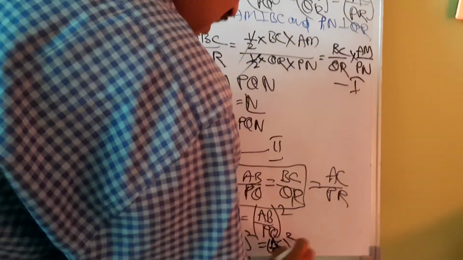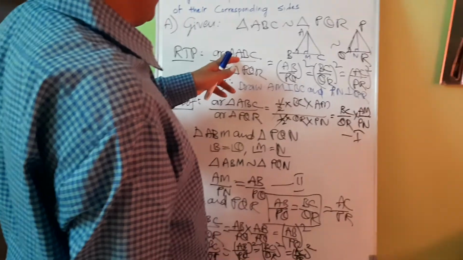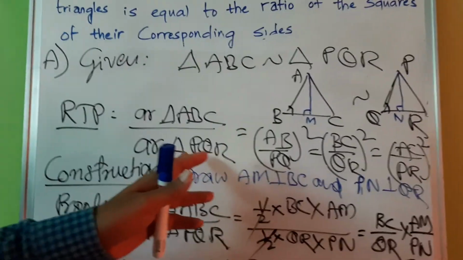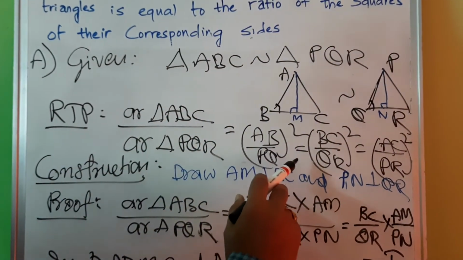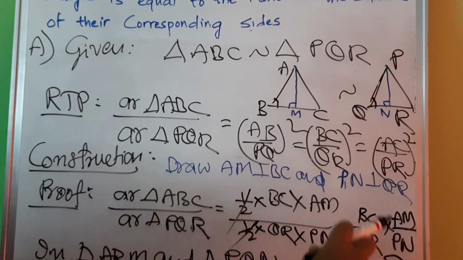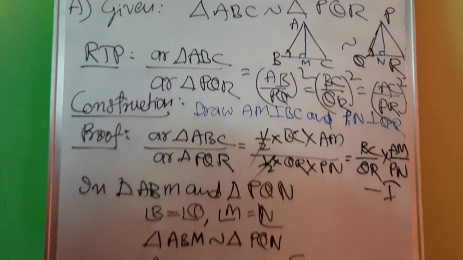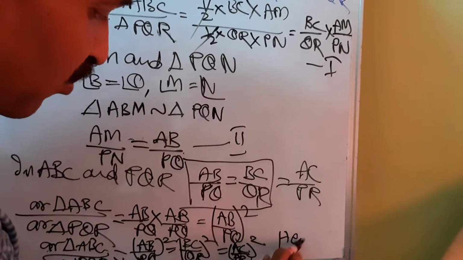So hence proved. What is RTP? Area of triangle ABC by area of triangle PQR is equal to AB by PQ whole square is equal to BC by QR whole square is equal to AC by PR whole square. So we got this, hence proved.